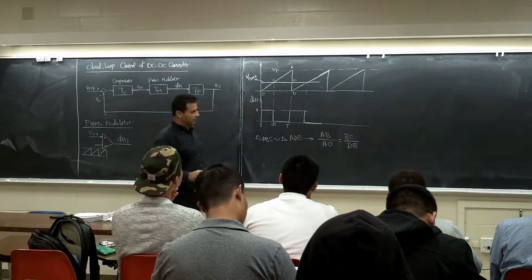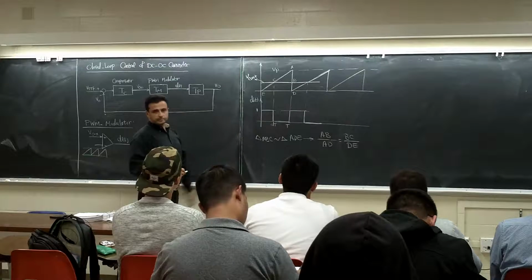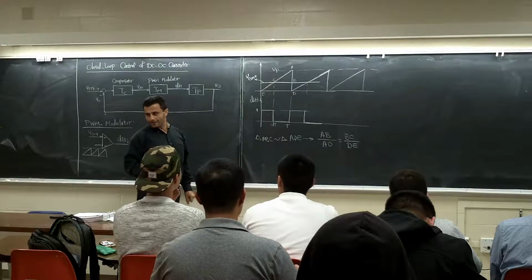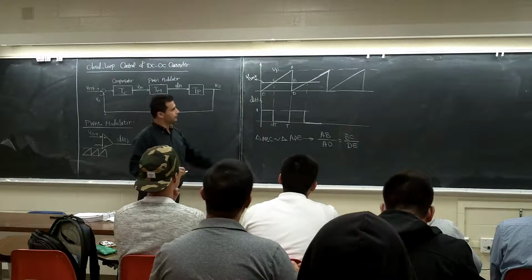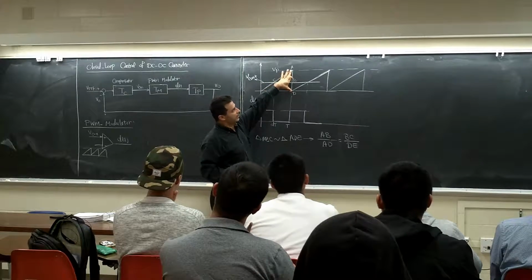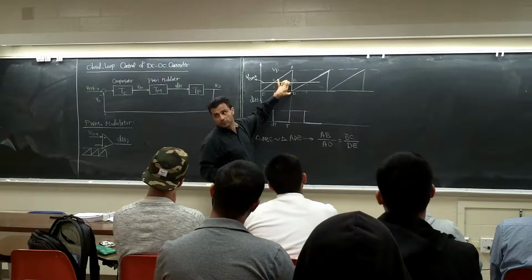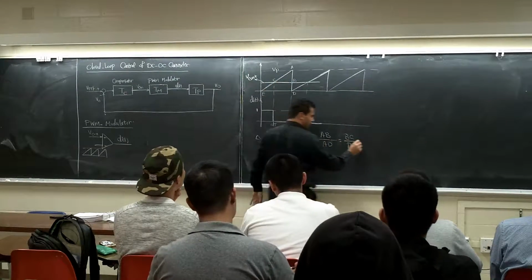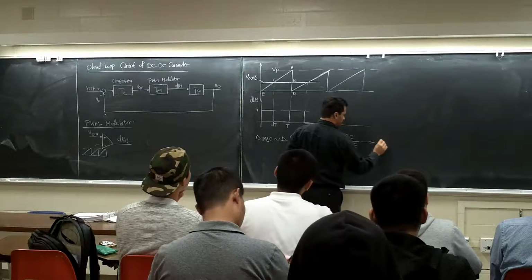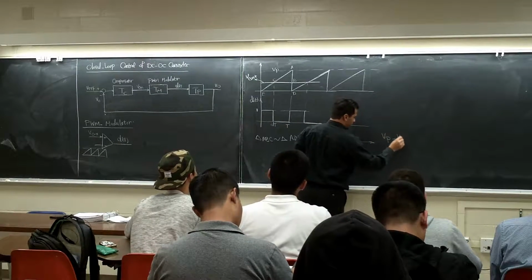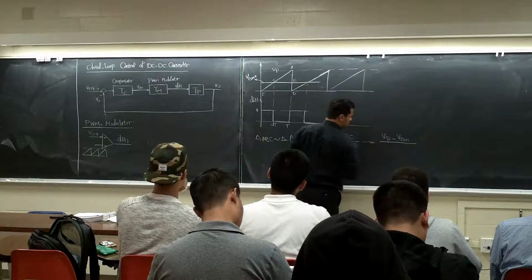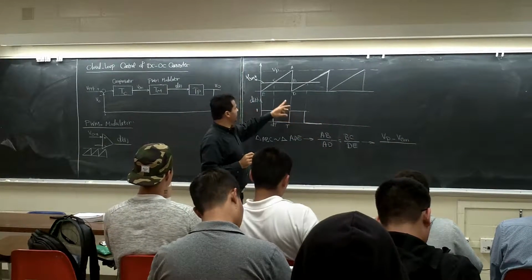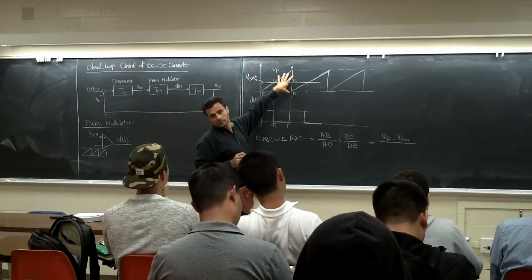Let's replace them. How much is the AB? It is VP minus V control, right? So it's going to be VP minus V control divided by. How much is the AD? VP, right?